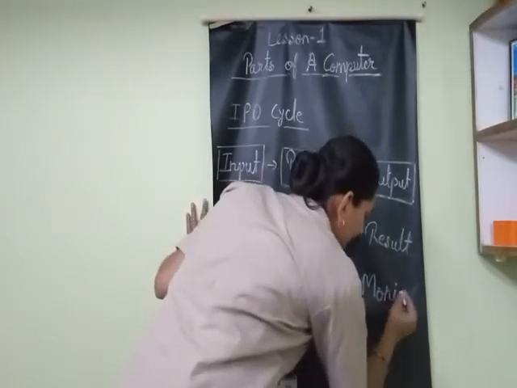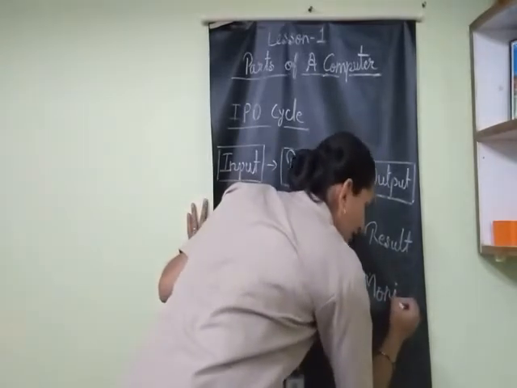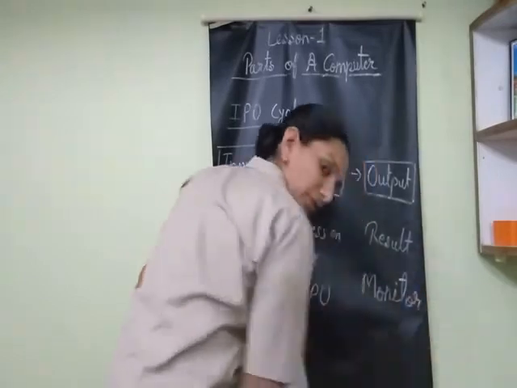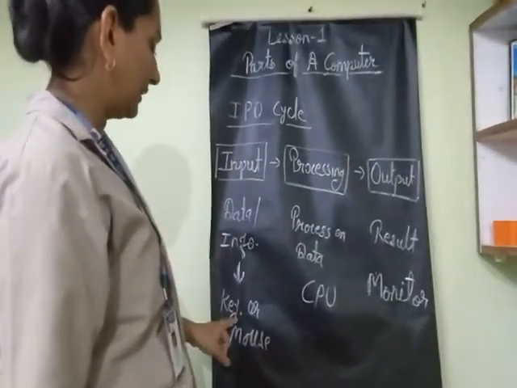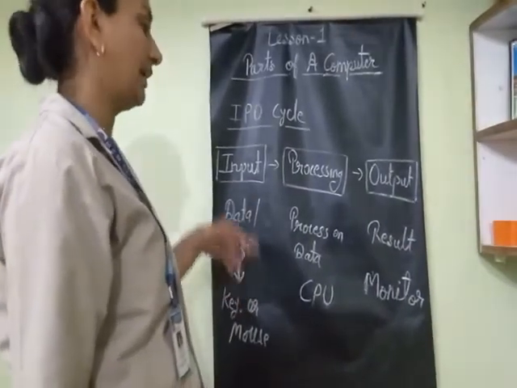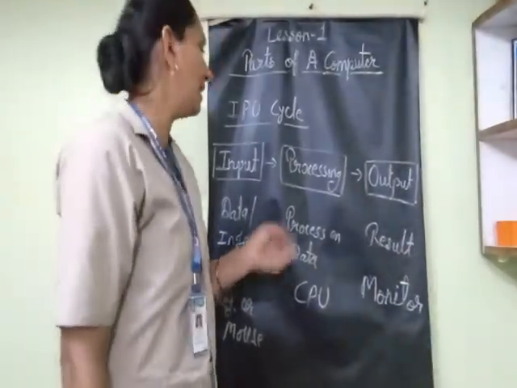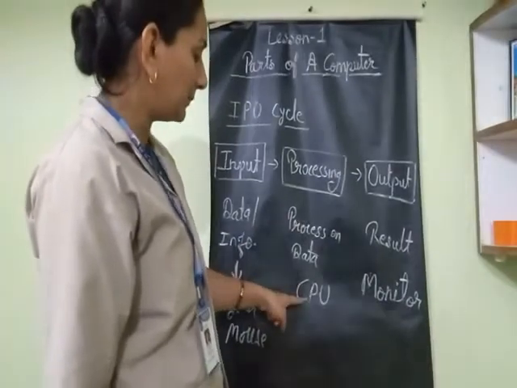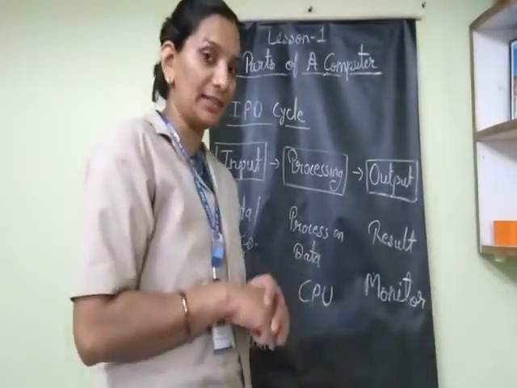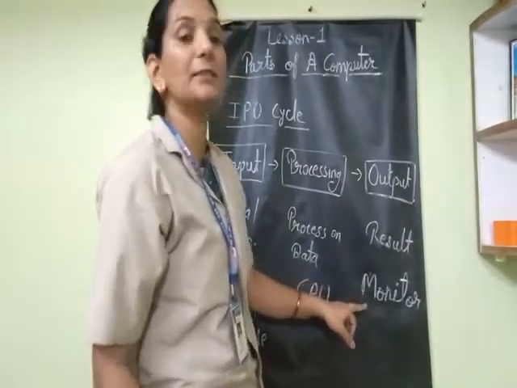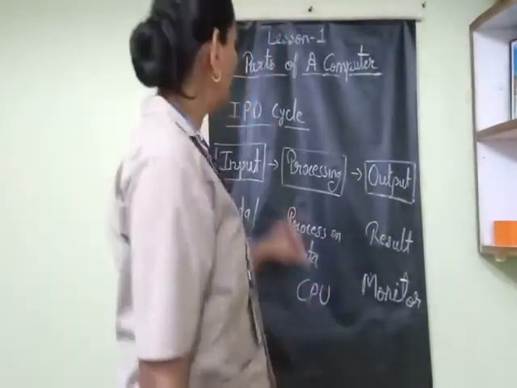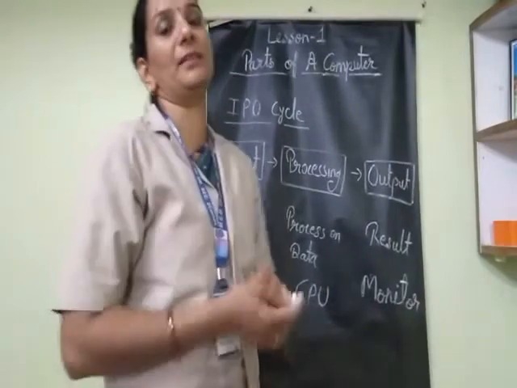Where do we get the result? On the monitor. Okay, got it? So by the keyboard or mouse, we can enter data into the computer. After inputting the data, the CPU processes it, and after processing, the result is generated and displayed on the monitor. So it is called the IPO cycle.